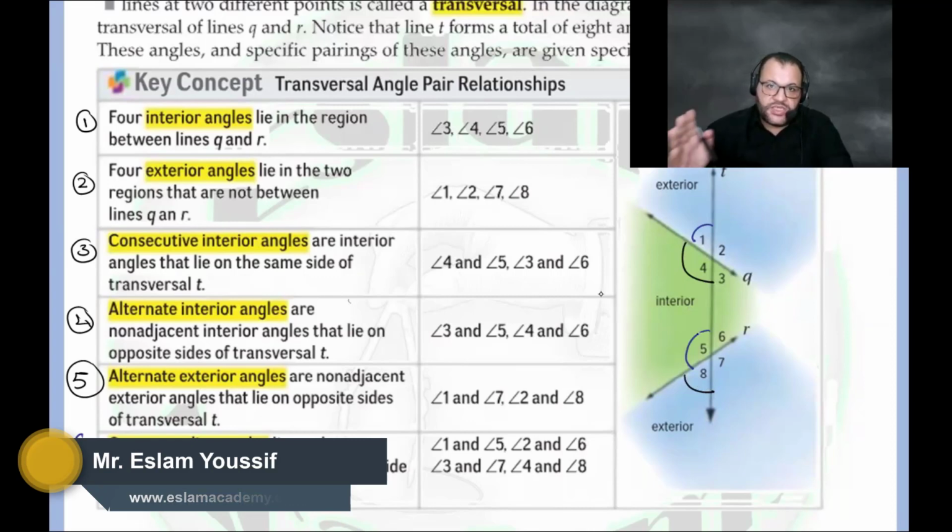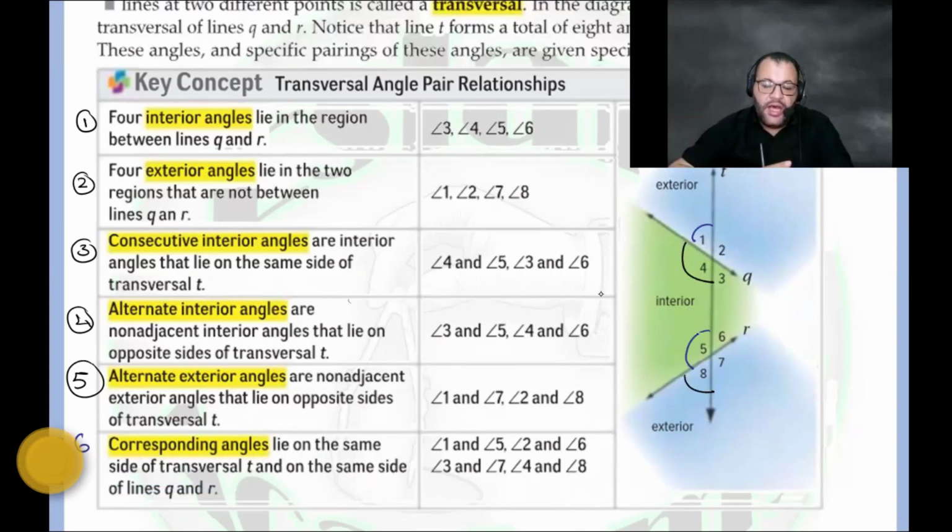Both lie on the same side of the transversal, one interior, one exterior, and they are not adjacent. Then we can say angle 2 and angle 6, angle 3 and angle 7. Is that clear? So how many types of angles do we have now? We have 6 types of angles. For the interior and exterior, we finish this part.